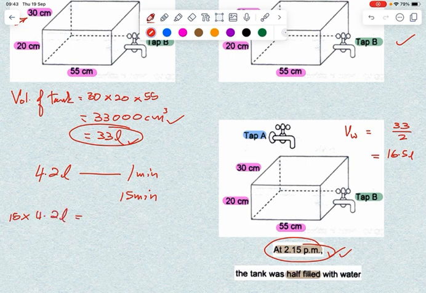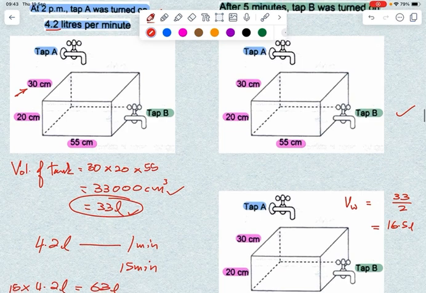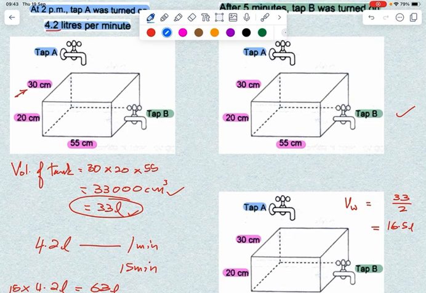That gives you 63 liters. In other words, if tap B was never turned on, the tank would have 63 liters. Obviously, you know very well that the tank can only hold 33 liters of water. That means it will overflow.